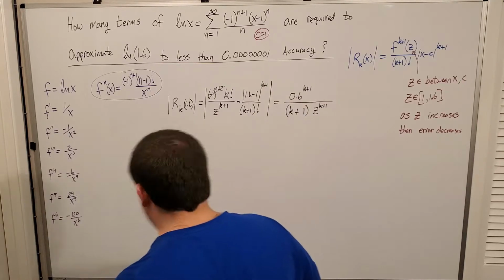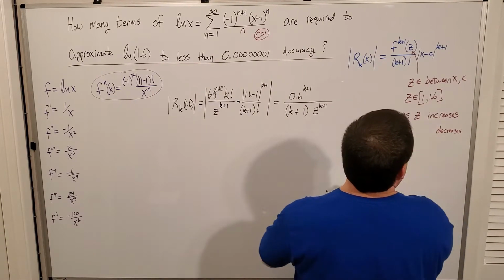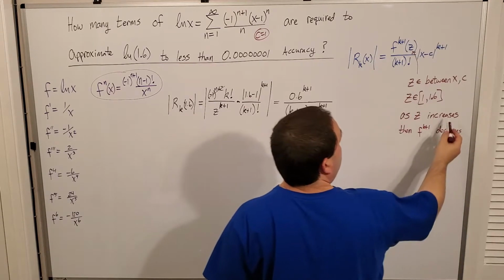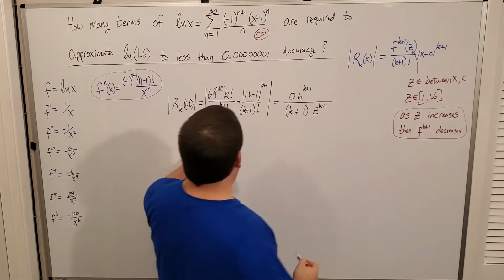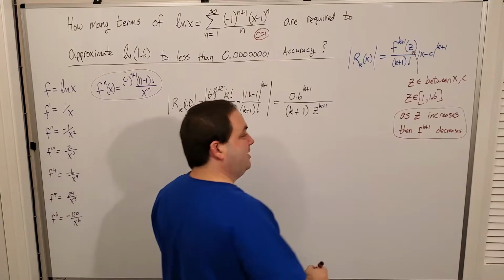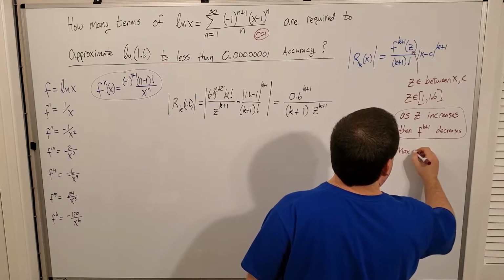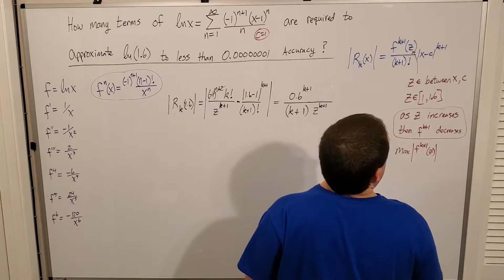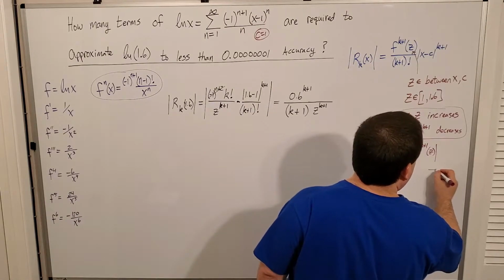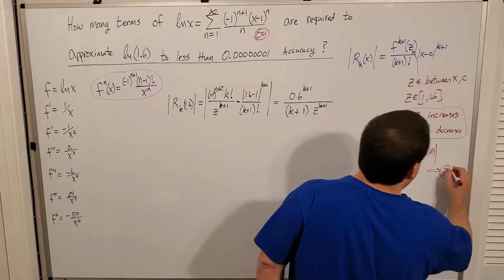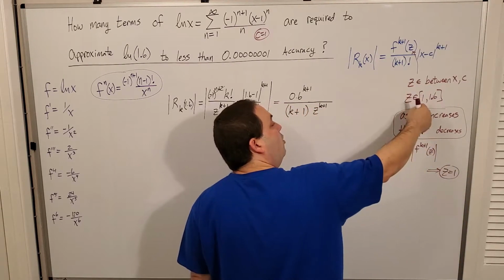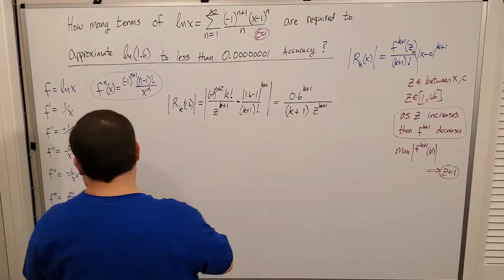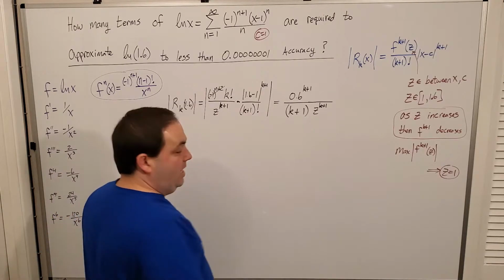Error is not a good word for that. As z increases, the derivative value, f k plus 1, decreases. That's what we can tell from this. So if I want the maximum value of the k plus 1 derivative of z, that's going to happen when z is 1, because that's the furthest over in the allowed interval of what z can be.